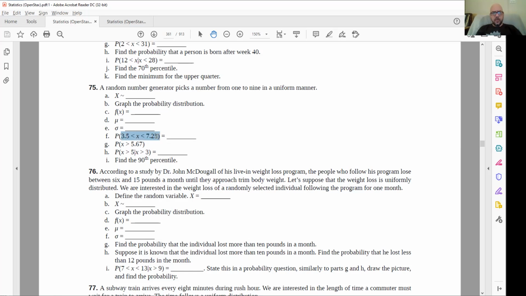Probability that x is between 3.5 and 7.25. Well, let me recommend that when you're doing this problem, you draw on the graph you made in part B. That's a really good thing to do. Let me whip up a whiteboard here so we can do that. I'm not going to do it every time, and certainly not on the written part of the homework.